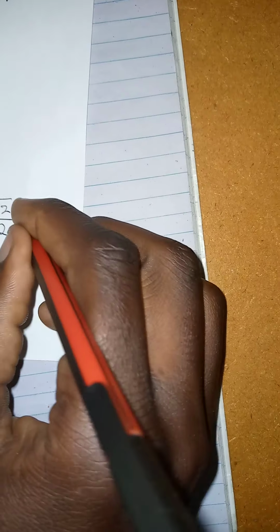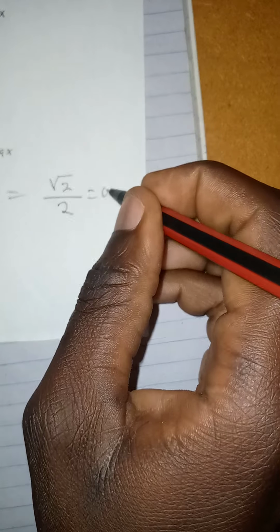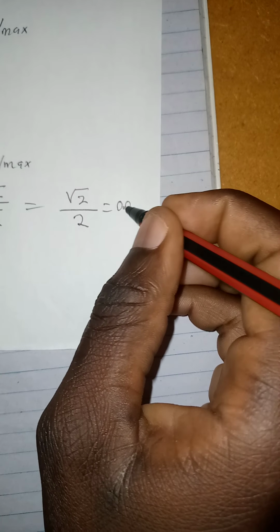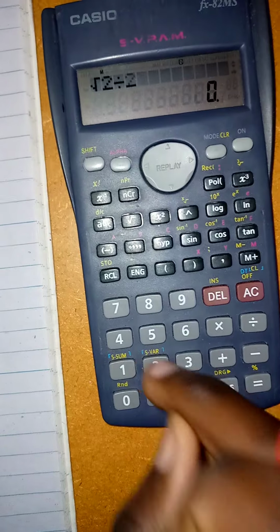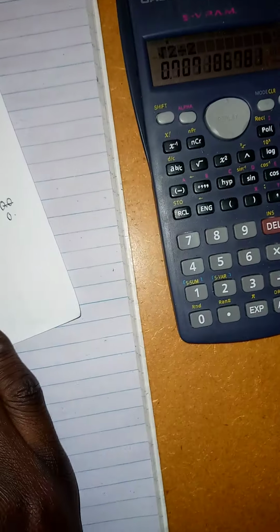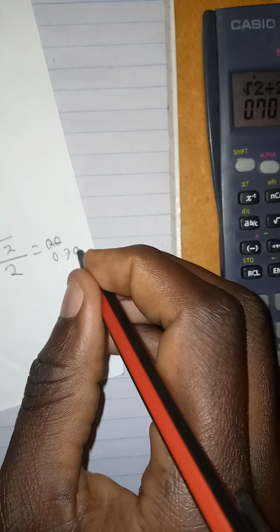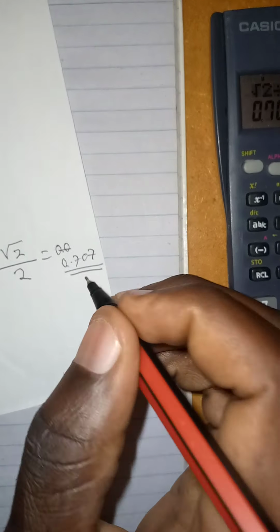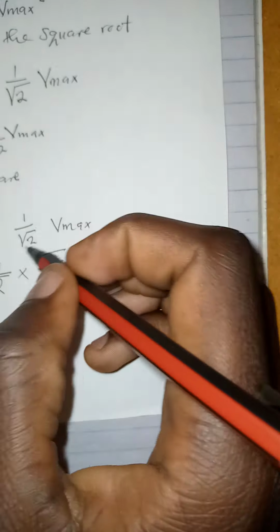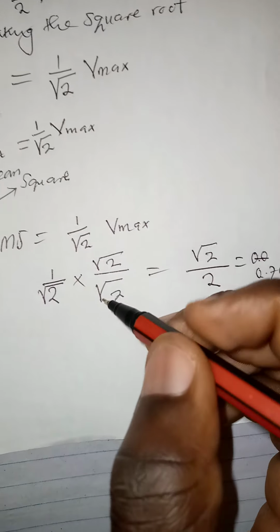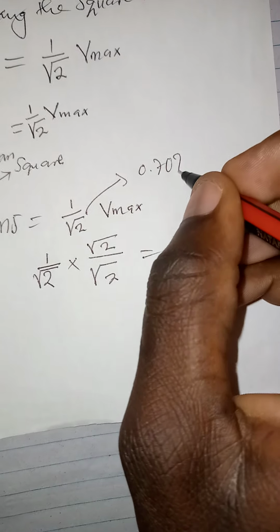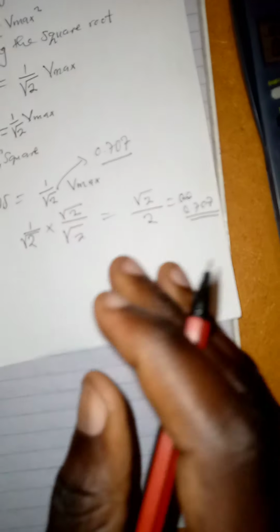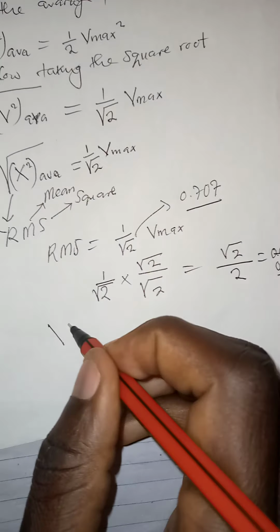If you punch on your calculator this value, it will be root of 2 divided by 2, which is 0.707. This is a common value if you punch it, but you can still punch this one, which will give you the same value. If I punch this one, it will give me 0.707.